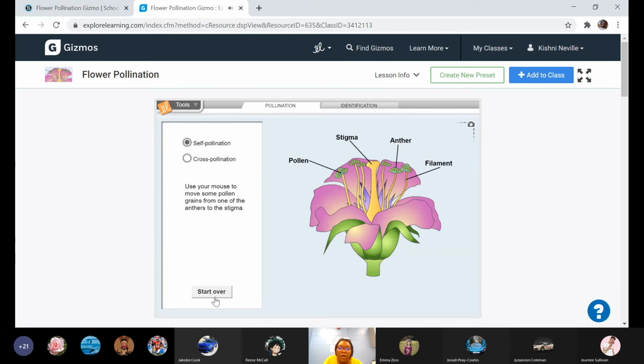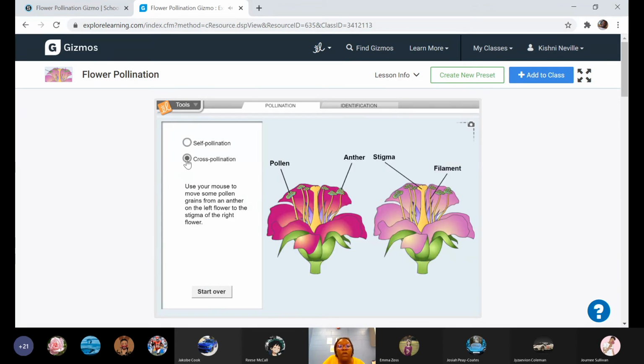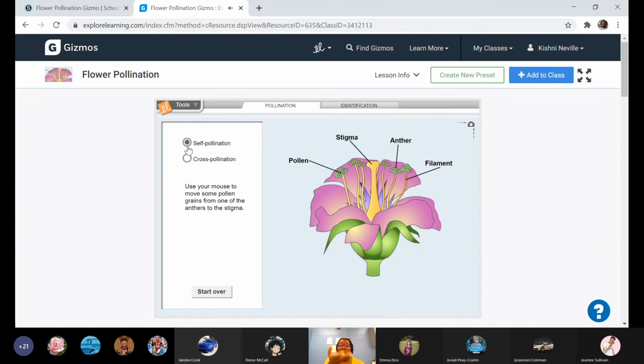I'm then going to click start over, and I can also choose cross-pollination. You'll notice cross-pollination has 2 flowers because the pollen is being transferred from one flower to another one, or self-pollination, where the flower is able to pollinate itself, okay?